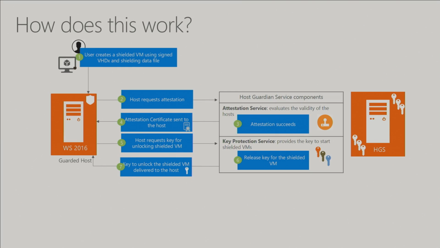The attestation service checks whether it is actually attested or not, gives back the keys, and now the host can start the shielded VM. So the whole idea is that the host on which the VM is running is also ensured to be guarded and attested so that the malware cannot tamper with your VMs.